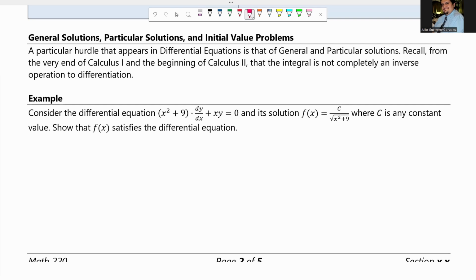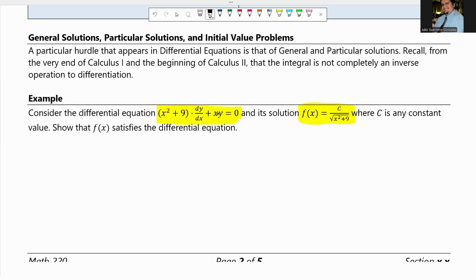So, for example, here's my function. That is my f of x. And what I'm saying is it is a solution to this differential equation right here. And you see it, right? This is an x times y right there.